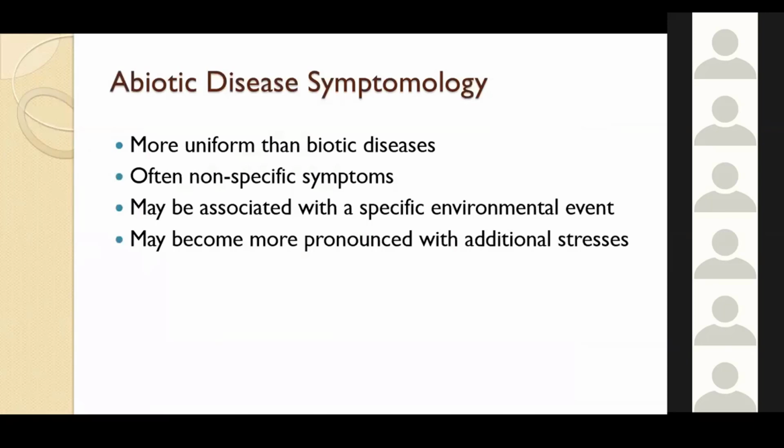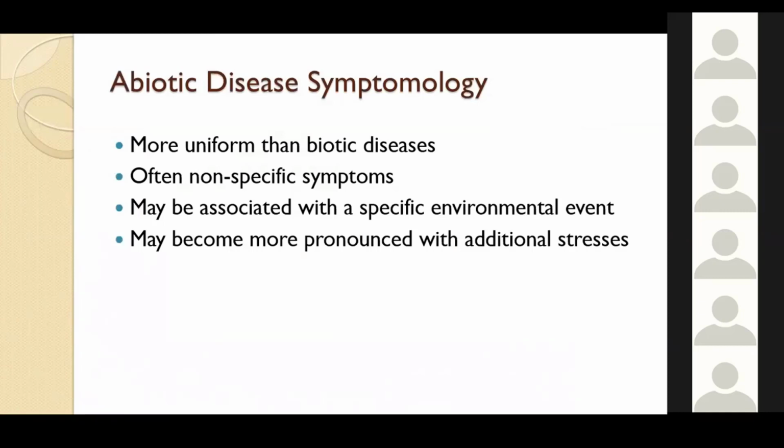Typically, abiotic diseases are more uniform across the landscape than a biotic disease. Also, on these abiotic diseases, we may not have very specific symptoms showing up. It's not going to be individual spots that are a certain color. It may just be a general decline that we're starting to see.